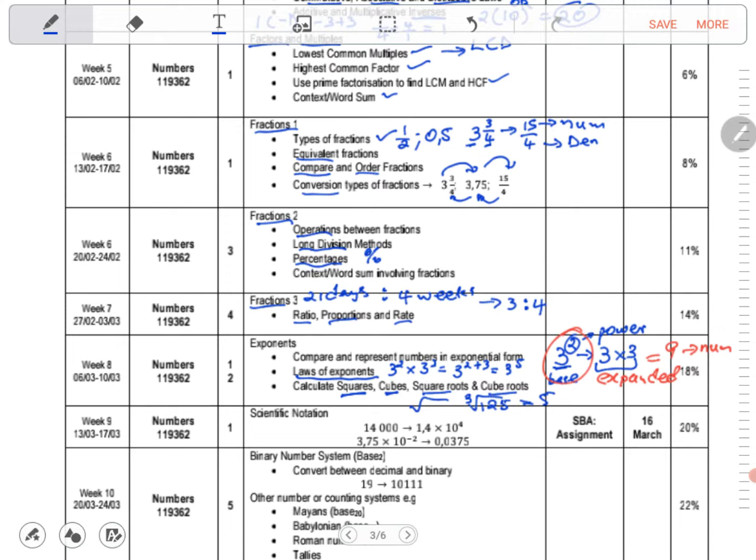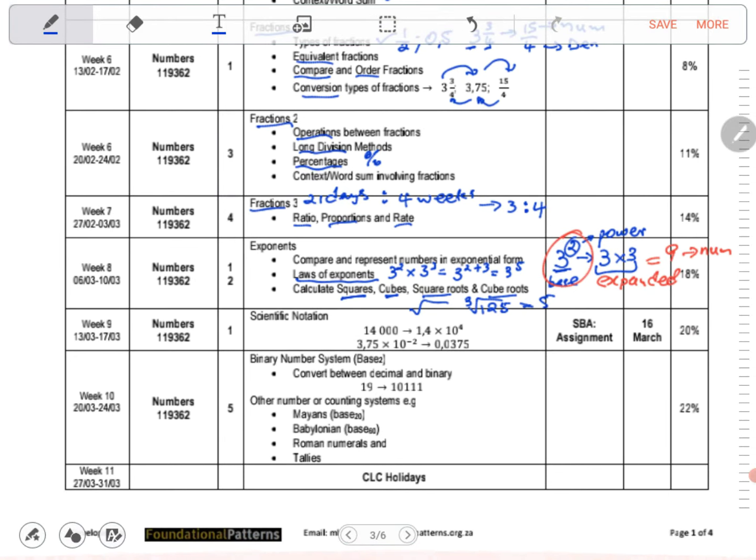And then after that, we can also look into what is called scientific notation, which essentially comes from the exponents, where a number like 14,000 can be represented as 1,4 times 10 to the power 4.